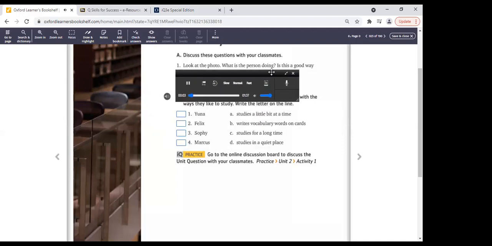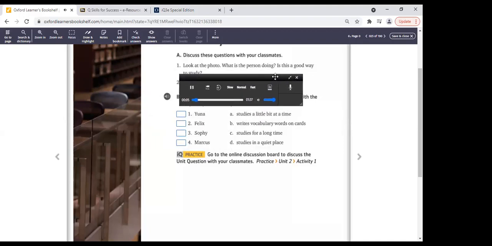Unit 2, Cognitive Science, the Q Classroom. Here we are at Unit 2. The unit question is, what is the best way to study? Una, what do you think is the best way to study? I think it's important to study in a quiet place.